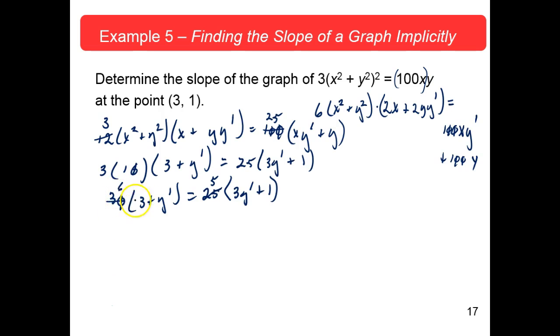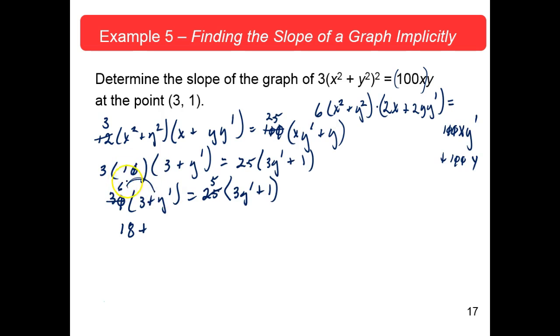Distribute. What do you get? 6 times 3, 18. Okay, plus? 6y prime.